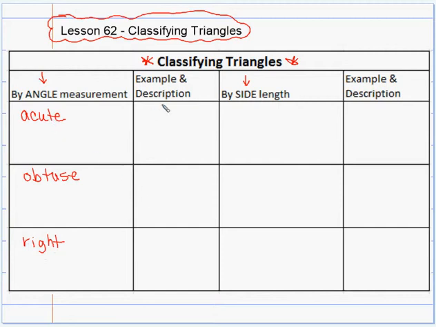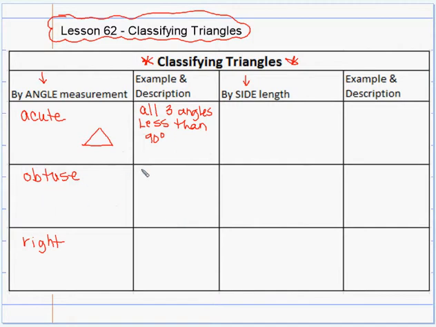An acute triangle is going to have all three angles that measure less than 90 degrees. Okay, so let's see. An example might look like that. Nothing special about it, just an ordinary triangle, but all three angles are going to be less than 90 degrees.